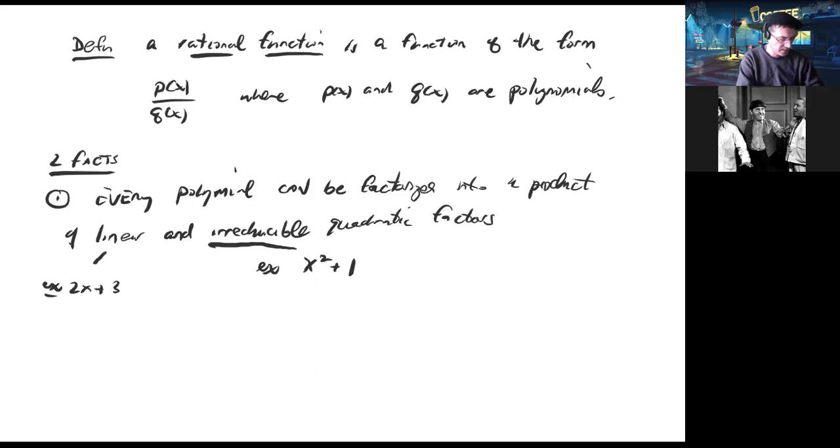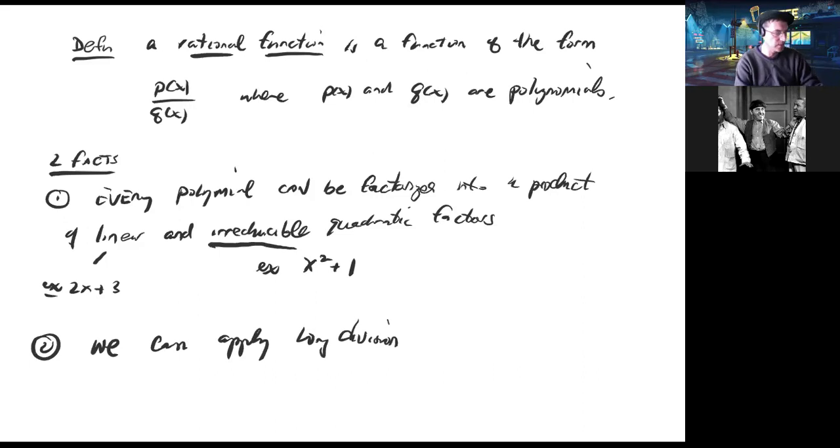Okay, and the second fact is that long division can be applied to rational functions. So we can apply long division if necessary. Okay, so I'll explain that as we go along.